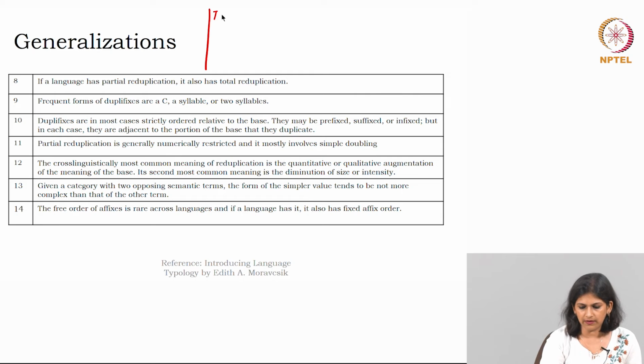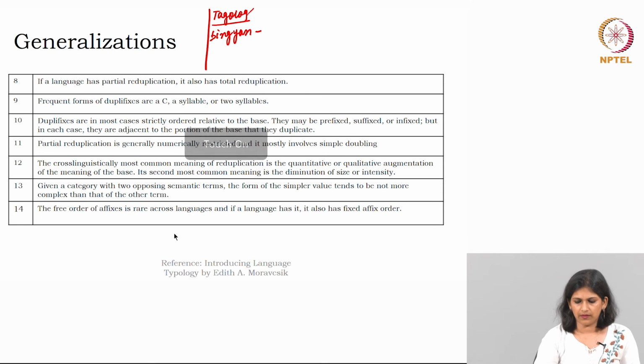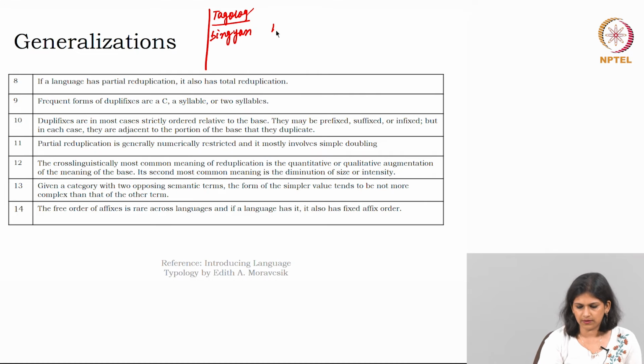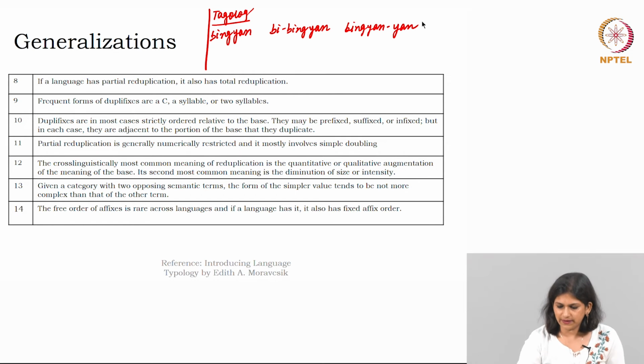Here is the word Bingyan, and when it is reduplicated it becomes Bibingyan, but definitely not Bingyan Yan. Alright. So, why is this one wrong, but this one right when it is reduplicated?